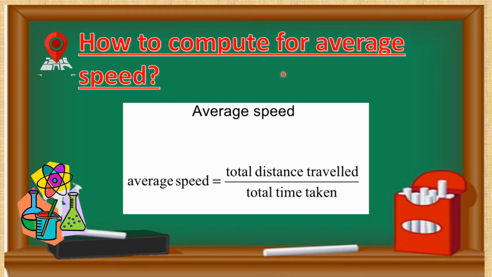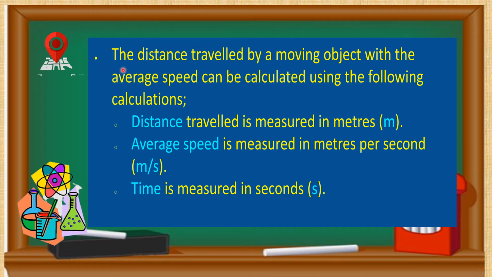Okay, so how do we compute for average speed? Average speed is equal to the total distance traveled over total time taken. Again, average speed, total distance traveled over total time taken. So note, the distance traveled by a moving object with the average speed can be calculated using the following.